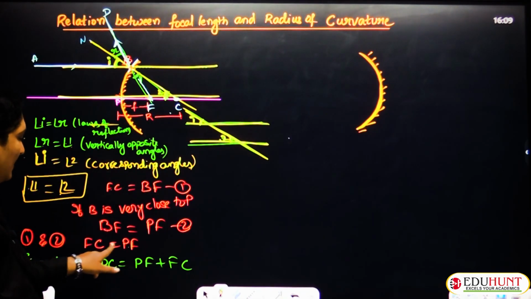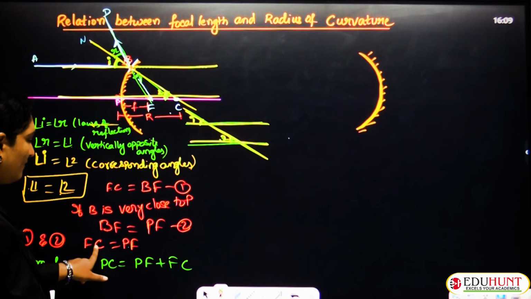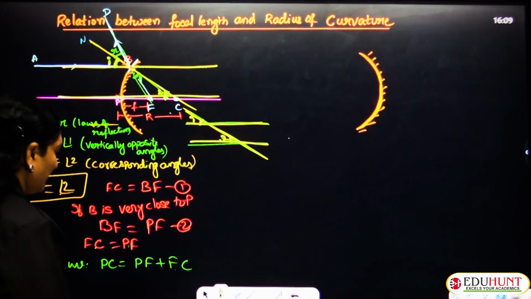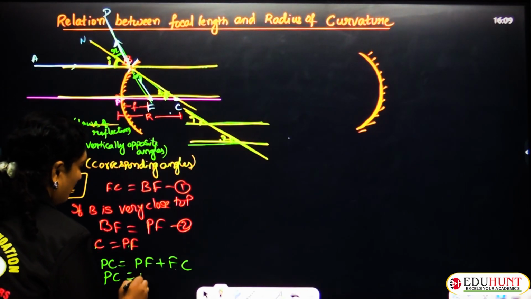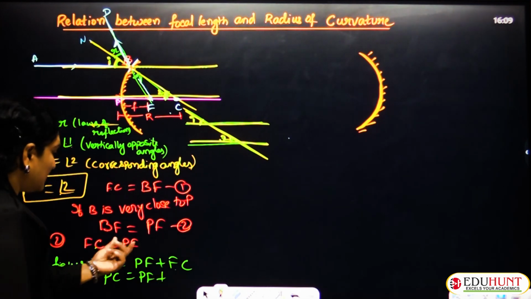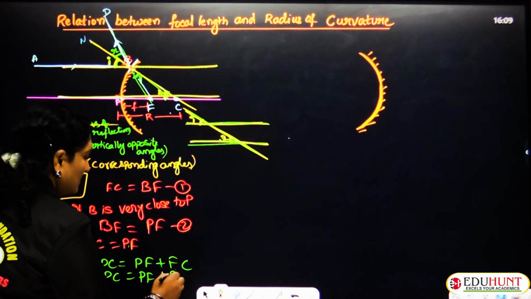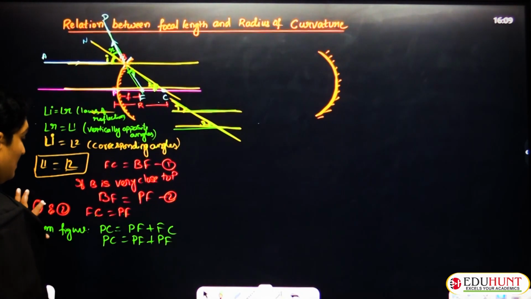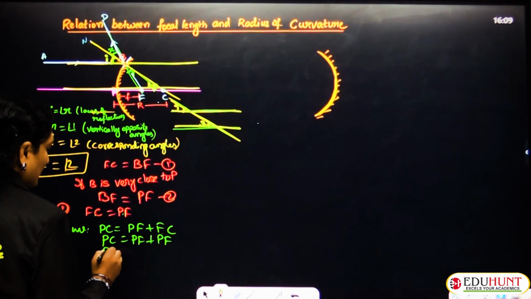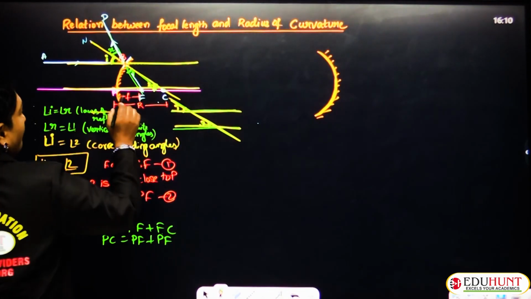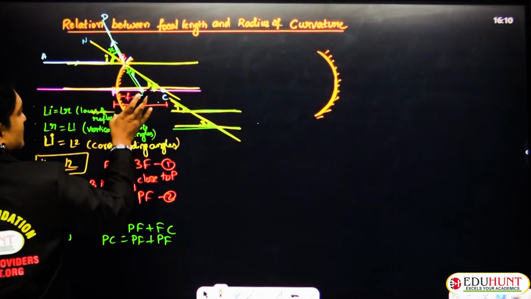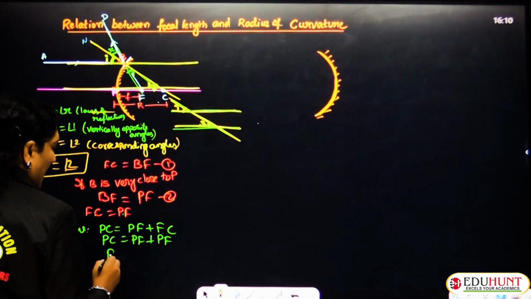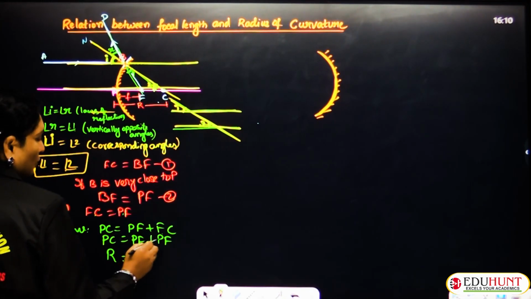But we know that PF is equal to FC, so instead of FC I can replace it with PF. So PC is PF plus PF, and PC, from P to C, this total distance itself is named R, is equal to 2PF.